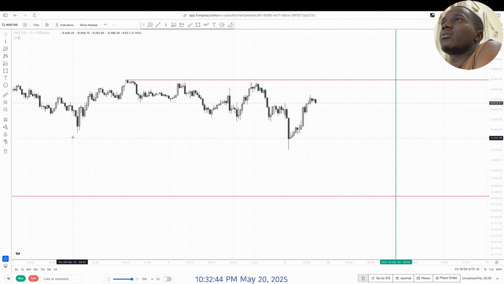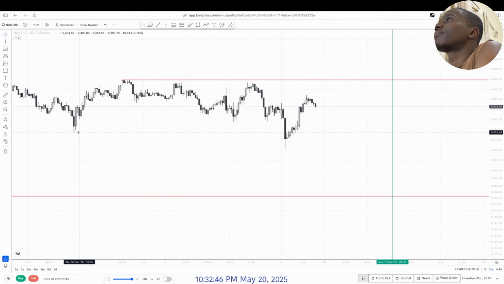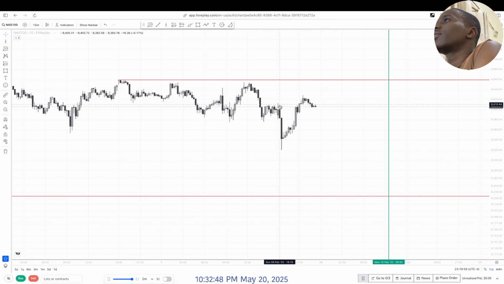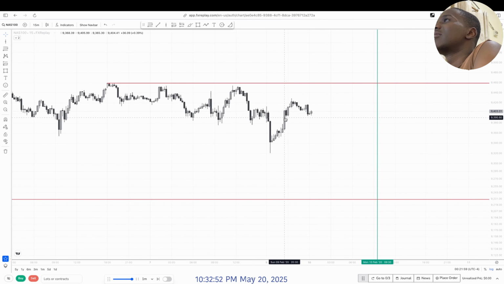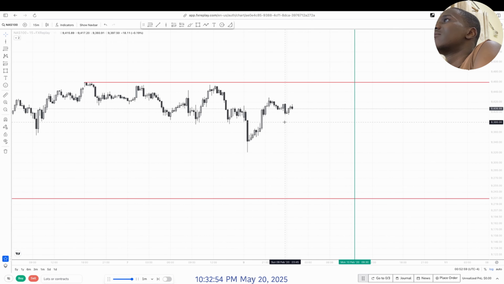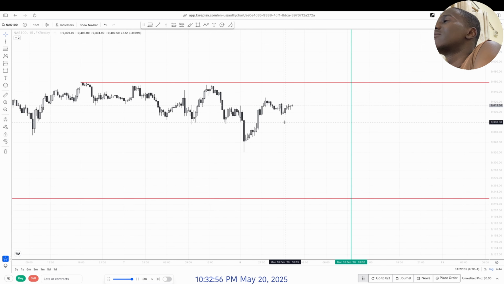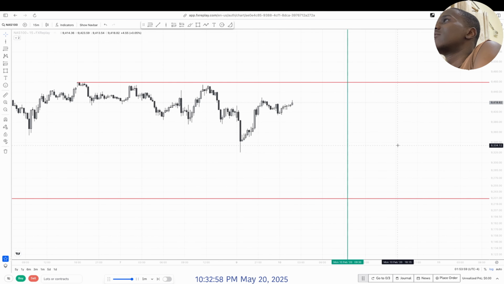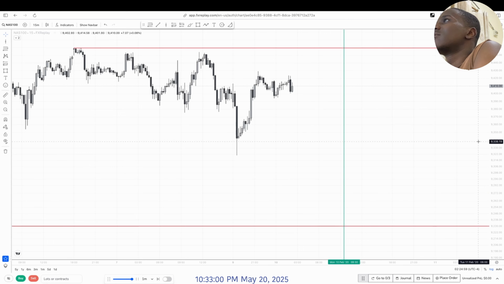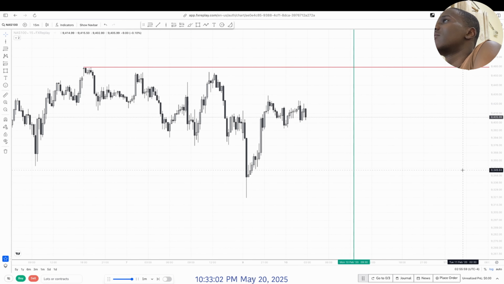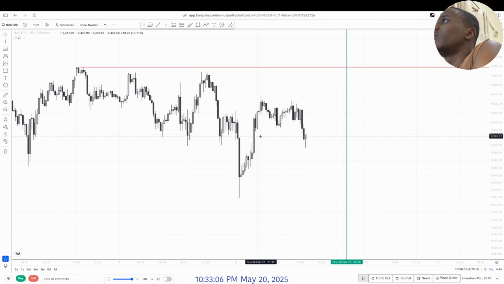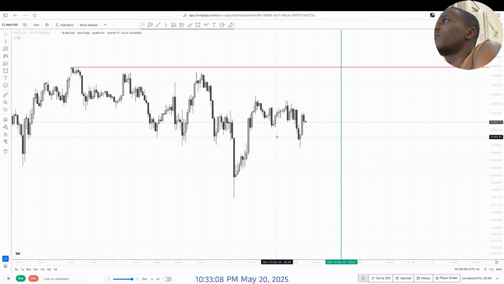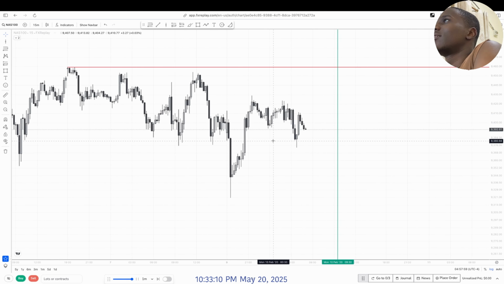So you can see we took out these lows from Thursday, shifted in structure, created a fair value gap. And we drop right into the fair value gap, bounce off of it.